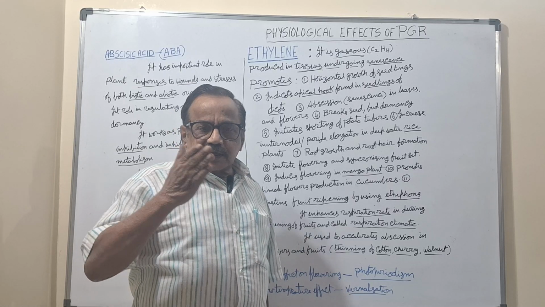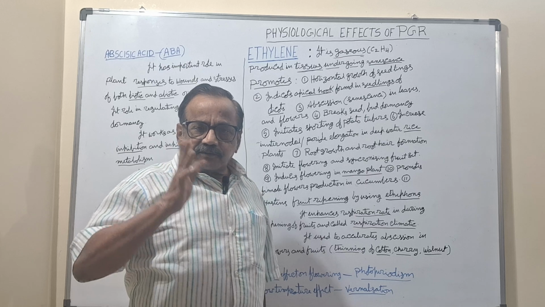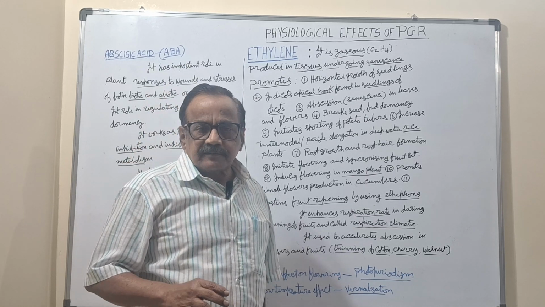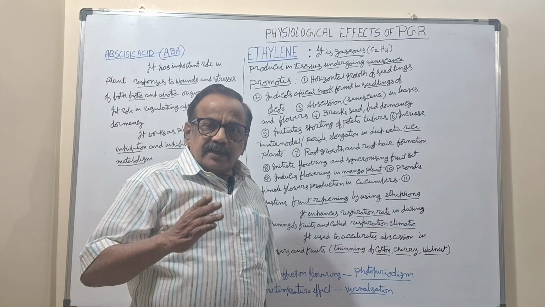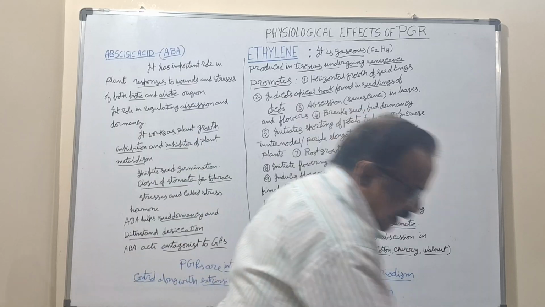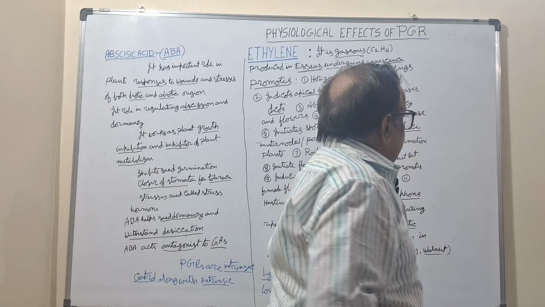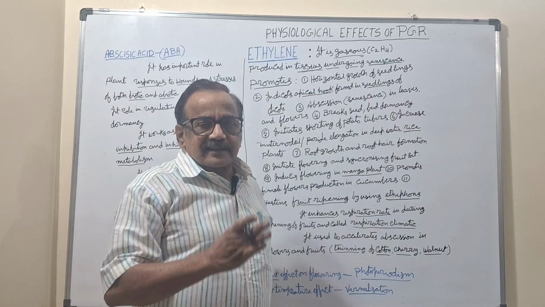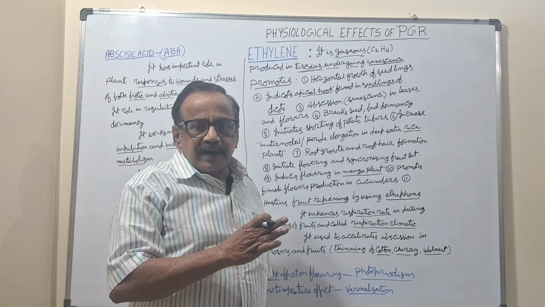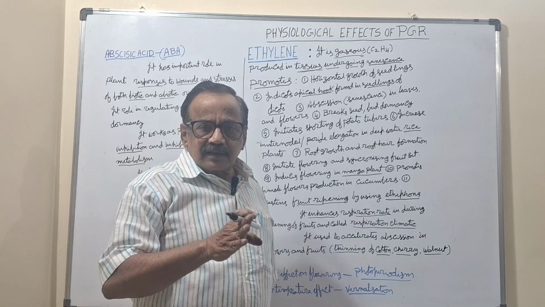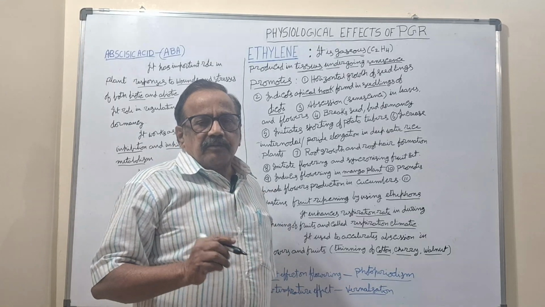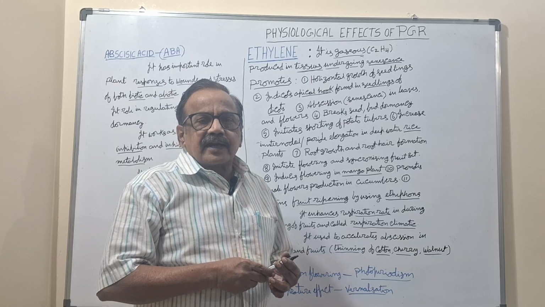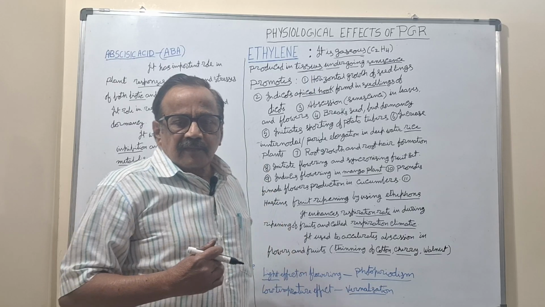Whenever a leaf, flower or fruit is falling, before falling it forms the abscission layer, which means they disconnect from the main plant by forming a layer that is promoted by ethylene.